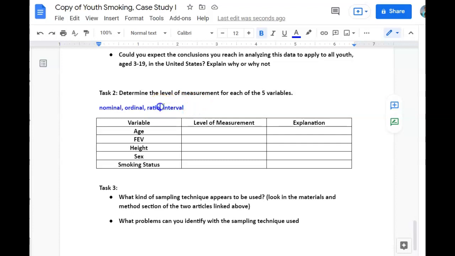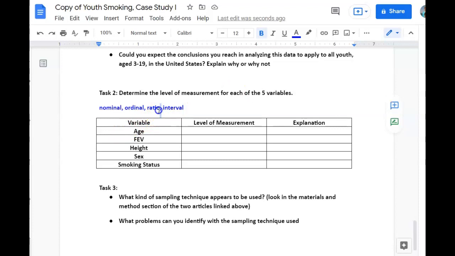The difference between ratio and interval is that interval doesn't have a real zero, like temperature. For example, if you have a temperature of 0, it doesn't mean that there's no temperature in your house. It's just an arbitrary scale that some scientists set a few hundred years ago.